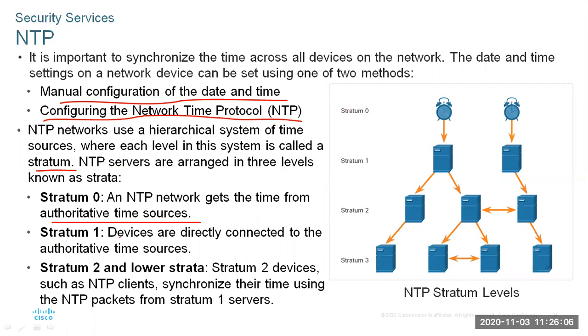Stratum 1 devices are directly connected to authoritative time sources. Stratum 2 and lower strata are devices such as NTP clients that synchronize their time using NTP packets from stratum 1 servers.